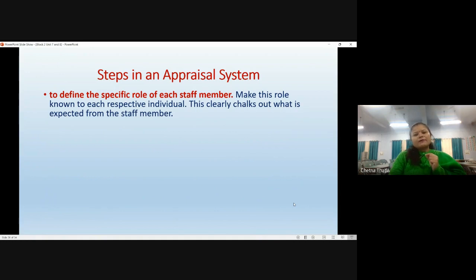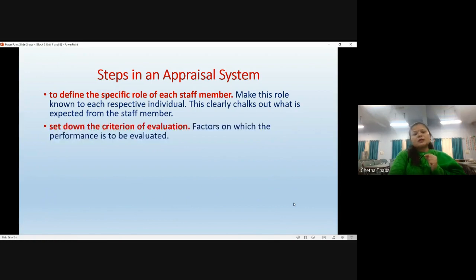Every individual should be aware of his or her role: what is expected from the staff member, what he is expected to perform, what he is expected to do. You need to set down the criteria of evaluation. You need to set the factors on which the performances of the staff members are to be evaluated. You need to formulate it beforehand.